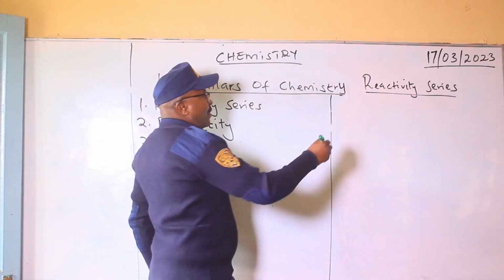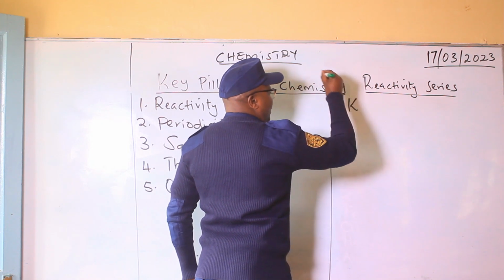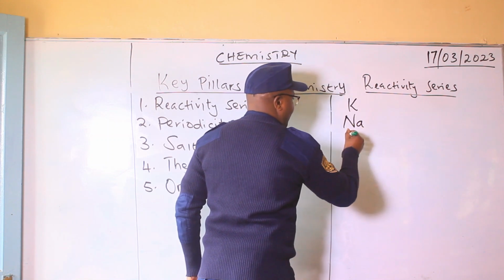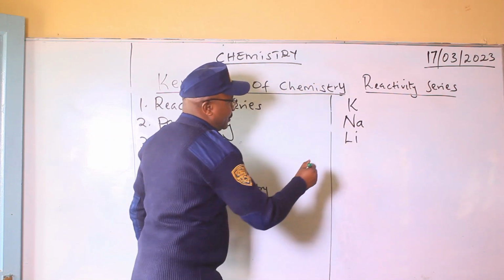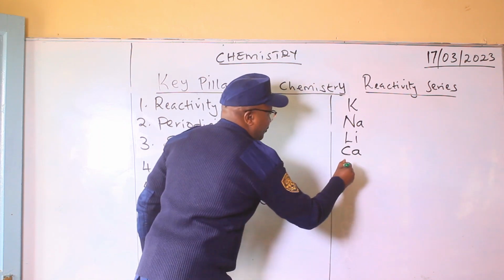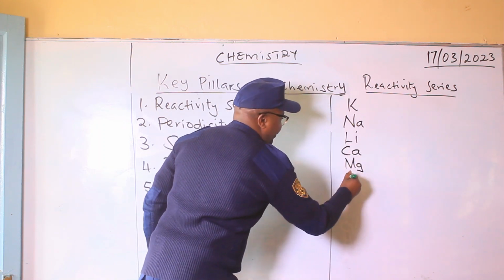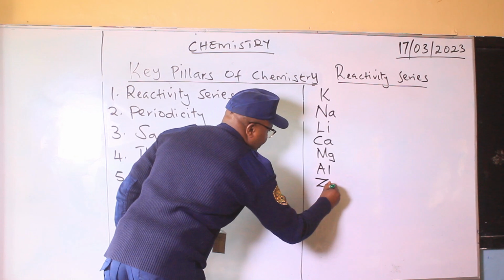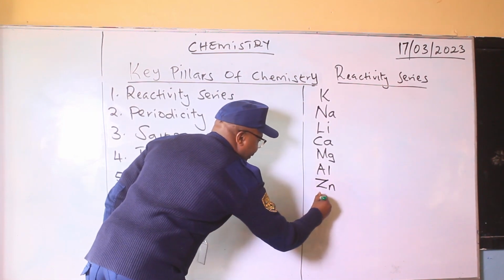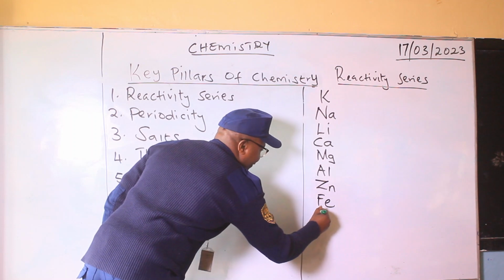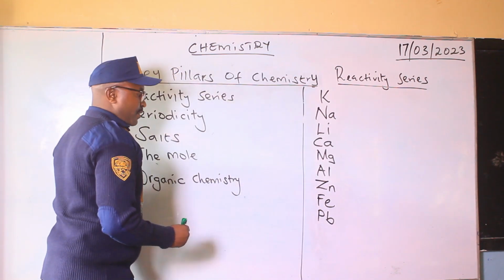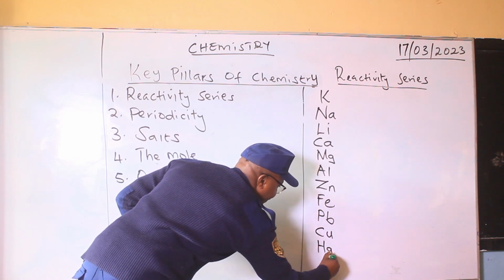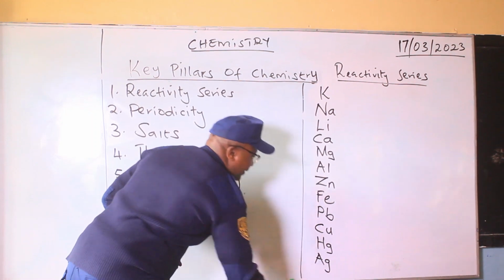Let us list them here. We have potassium, and the chemical symbol for potassium is K, followed by sodium. We have lithium, calcium, magnesium, aluminium, zinc, iron, lead, copper, mercury, and then silver.